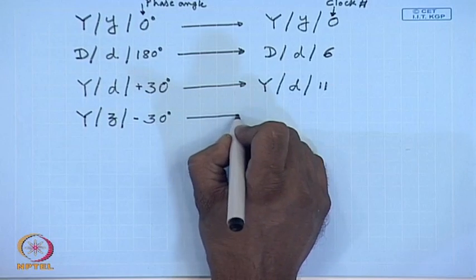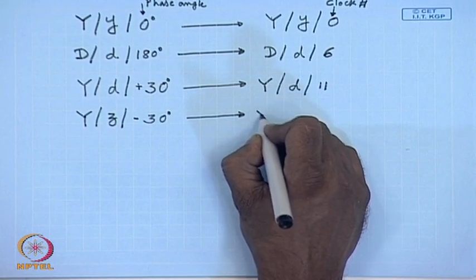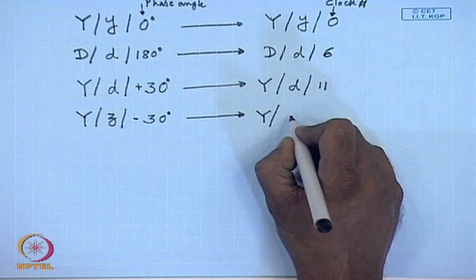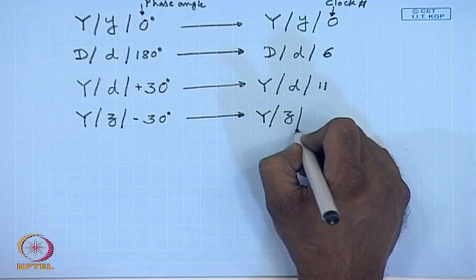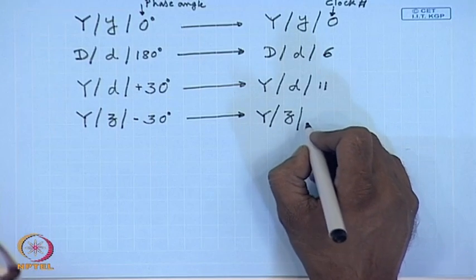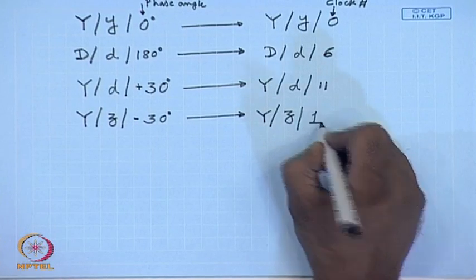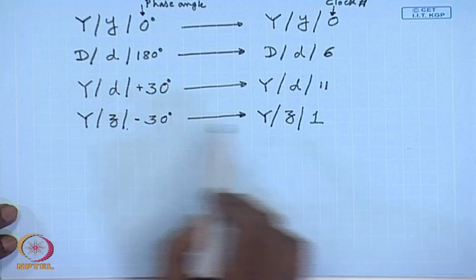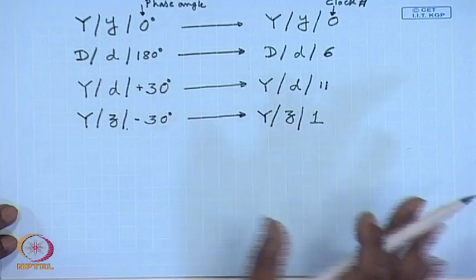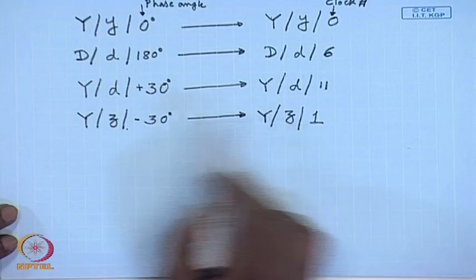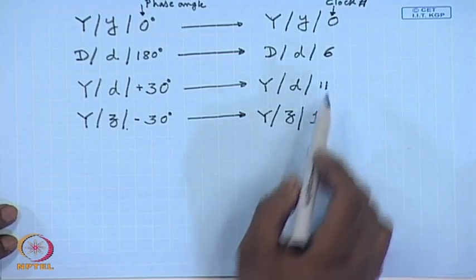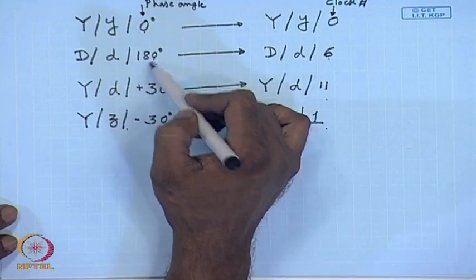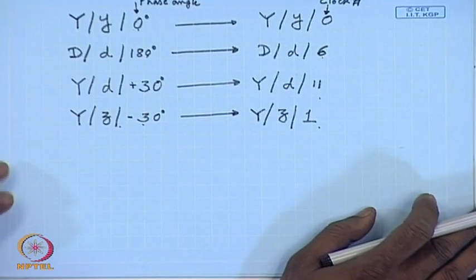The corresponding clock number representation will be Y Z 1. So, this is the correspondence between phase angle representation and clock number representation. They are interchangeable, and in many cases the phase groups will be specified like this, in many cases it will be specified like this, but they represent the same thing.